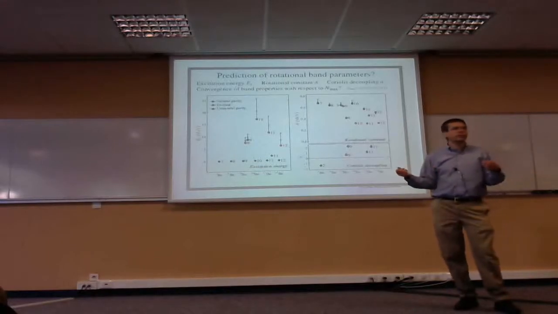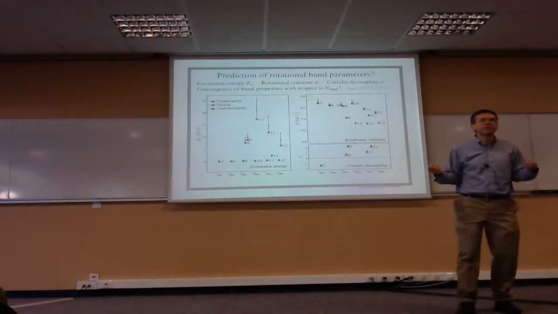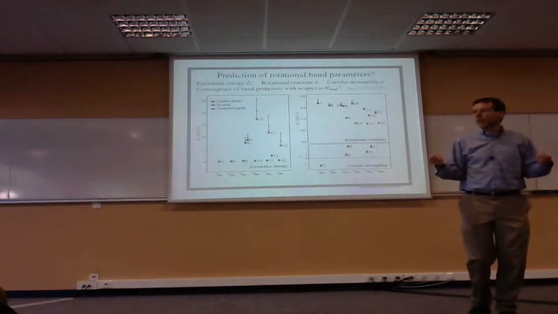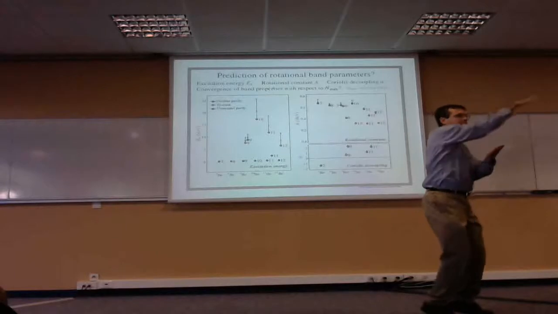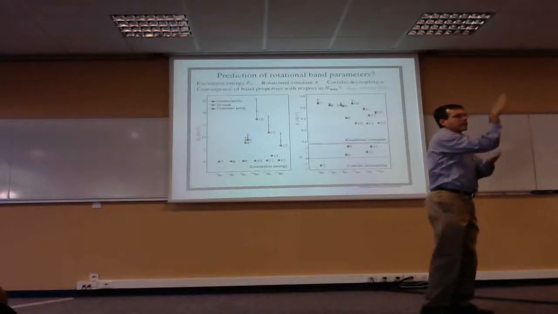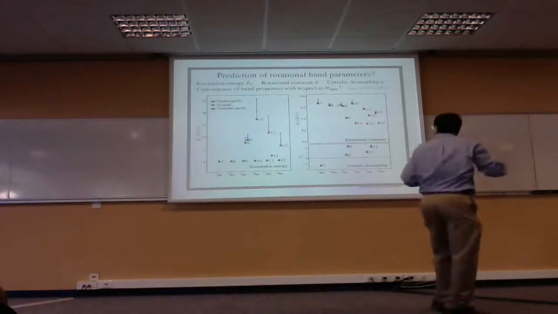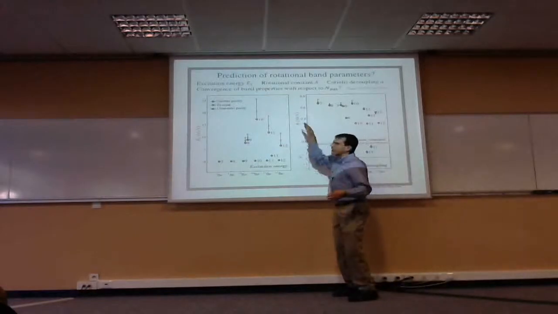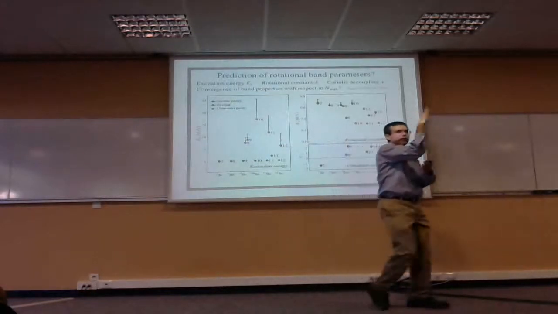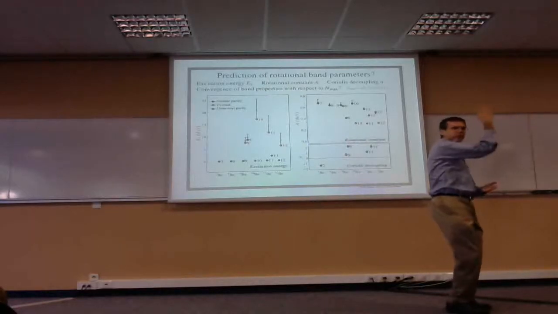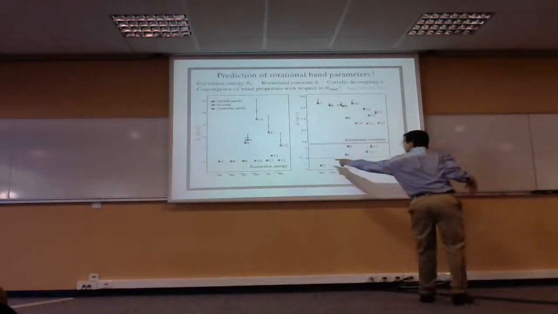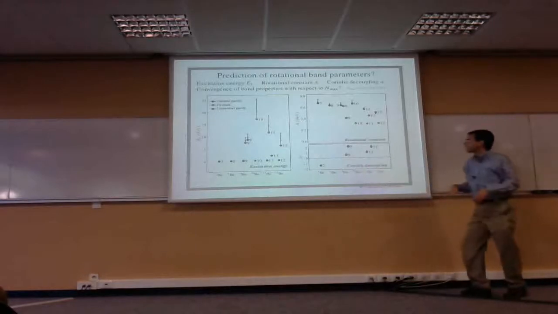Is that the end of the story, or is there more we should be predicting? Well, we at least have those band parameters. Remember, for each band, we have the excitation energy of the band. We have the moment of inertia, or the rotational constant, big A, the slope of the band. And then for K equals a half bands, we also have the staggering parameter, little a, also known as the Coriolis decoupling parameter for the band.